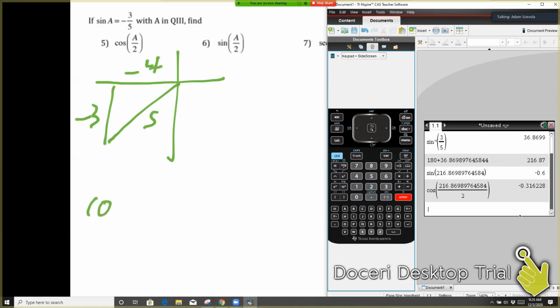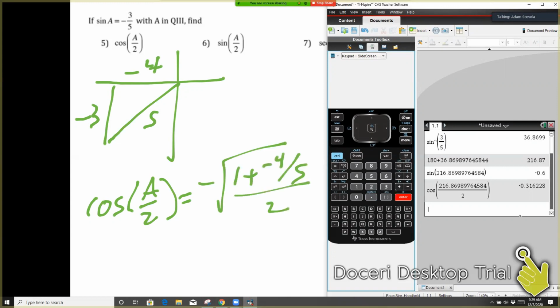Okay, so if we're doing the cosine of A over 2, we said it was negative radical 1 plus negative 4/5 over 2. So that would be negative radical 1/5 over 2, which would be negative radical 1 over 10.